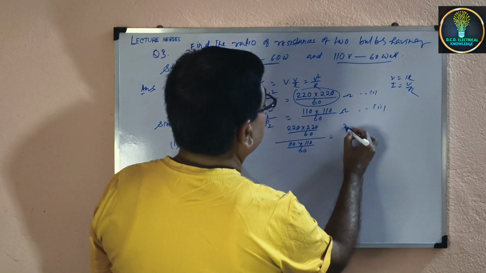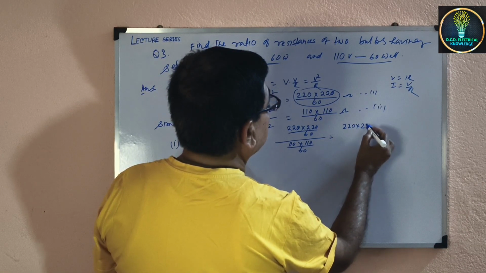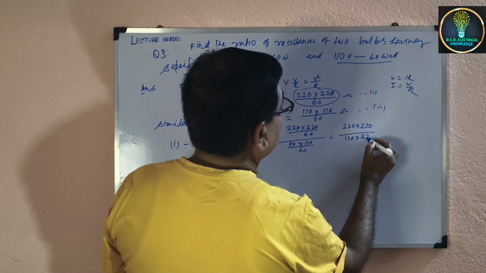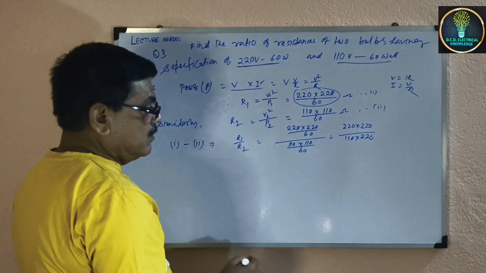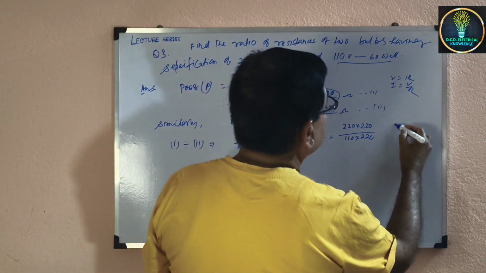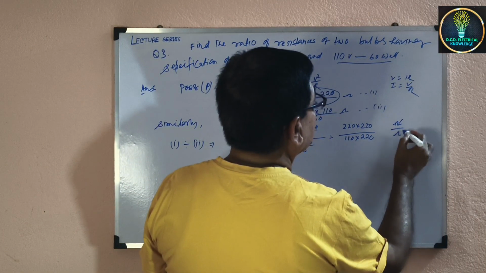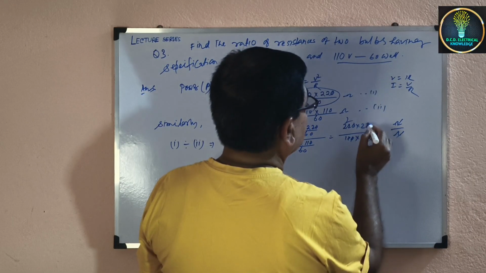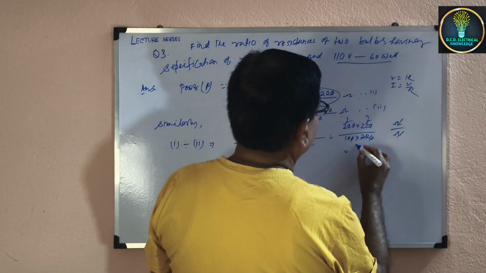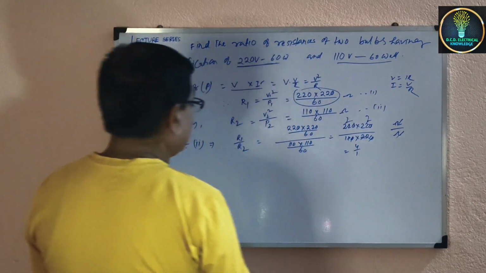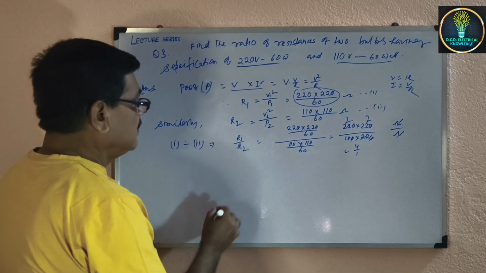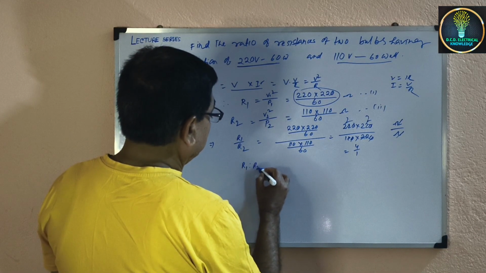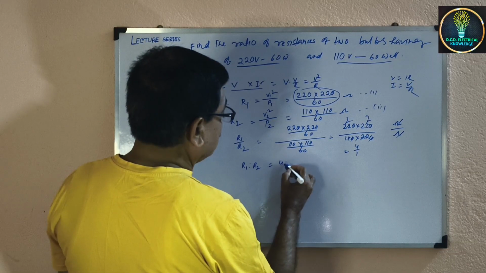That is 2 into 2 divided by 1 into 1. Resistance ratio has no unit. So it is 4 by 1. Now we can write R1 is to R2 is equal to 4:1.